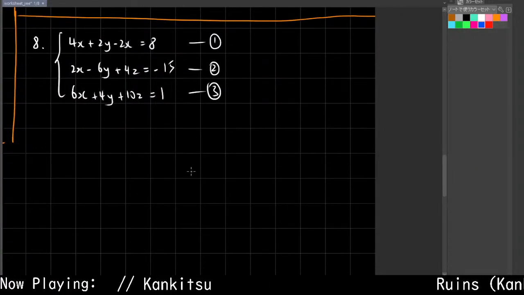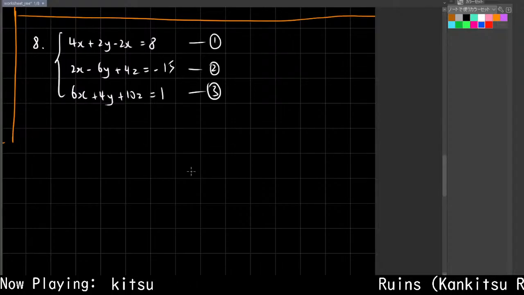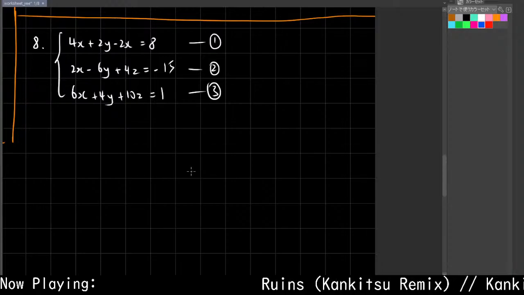We can either use eliminate or substitute, depends on you. Myself, I prefer eliminate, so I will do eliminate.